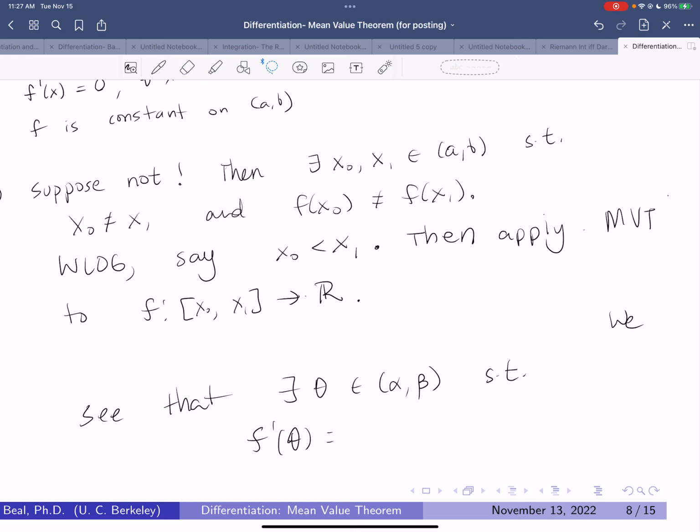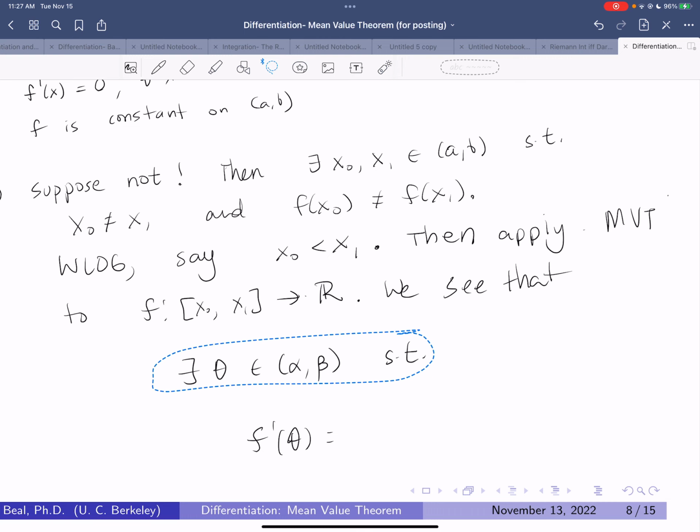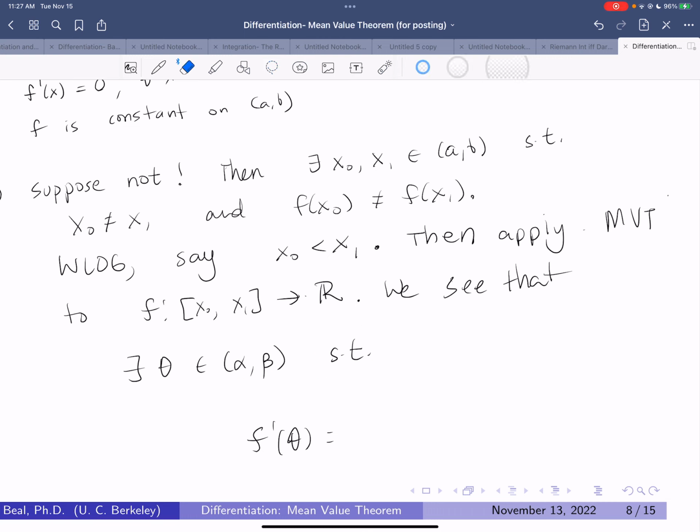Okay, so we see that there exists a theta in between x0 and x1 such that f prime of theta is going to be equal to f of x1 minus f of x0 over x1 minus x0.